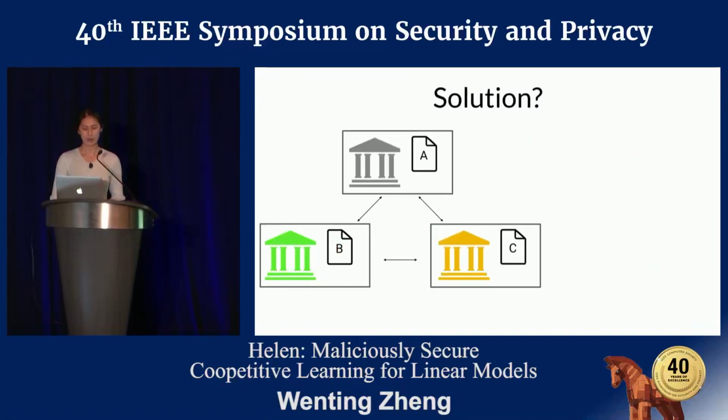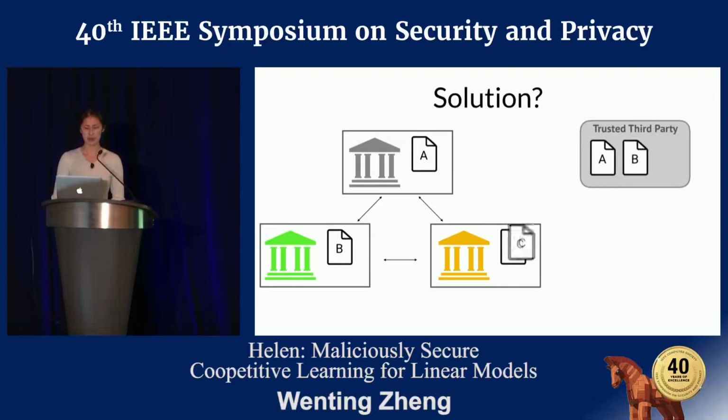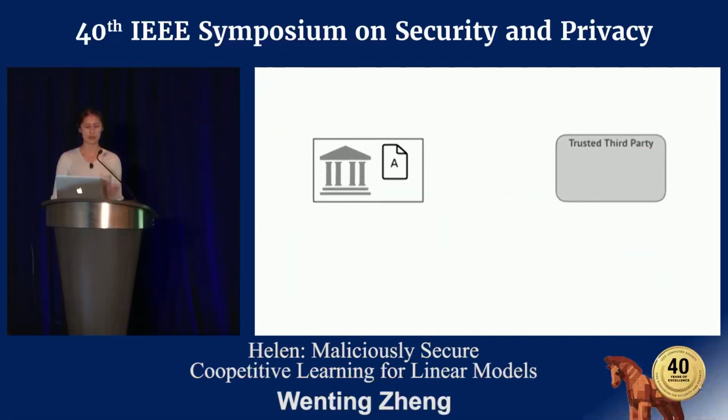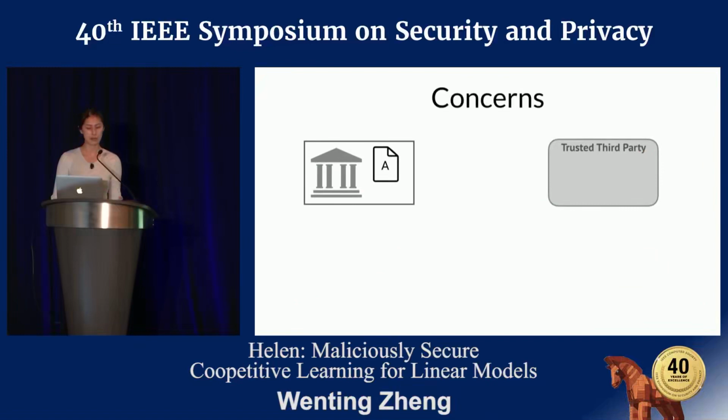So one possible solution to this is to use a trusted third party where the banks transfer their data to this trusted third party, and then this third party outputs a model and gives it back to these banks. However, this is not ideal because, from our conversations with both the banks and the trusted third party, we learned that they have various concerns from both sides.